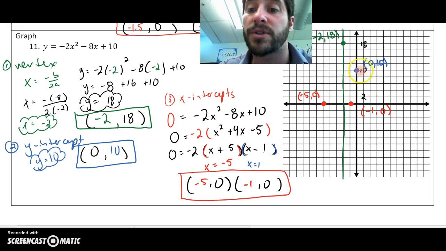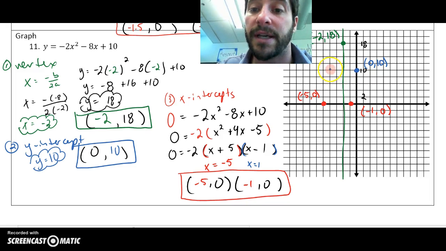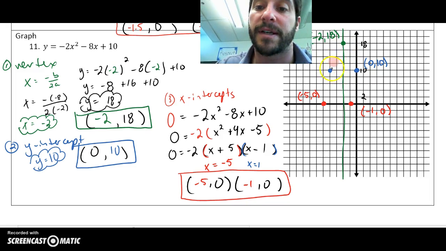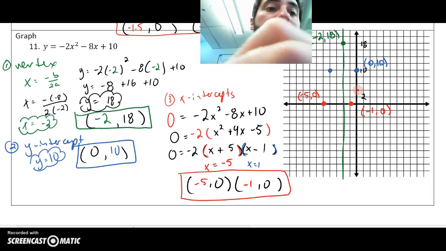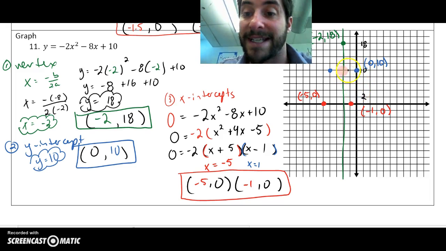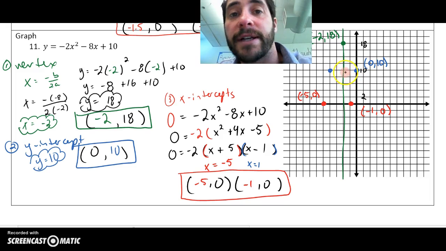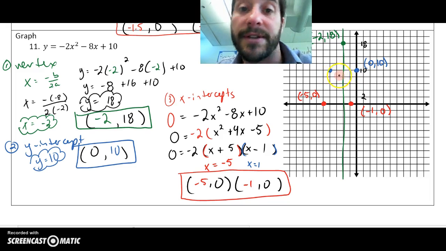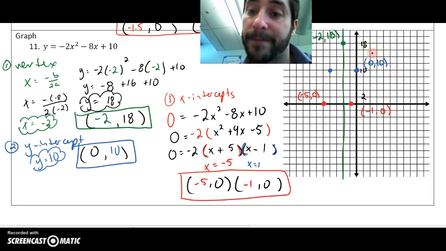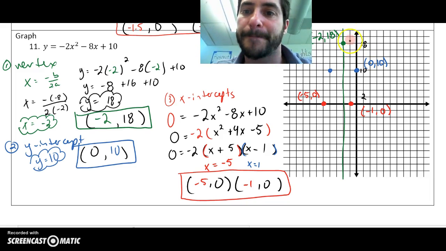It's 2 units away from the axis of symmetry. Its mirrored point should be 2 on the other side of that. It's a mirror image of itself. So if this point exists 2 units away from the axis of symmetry, another point exists 2 units on the other side. Yeah, okay, good.